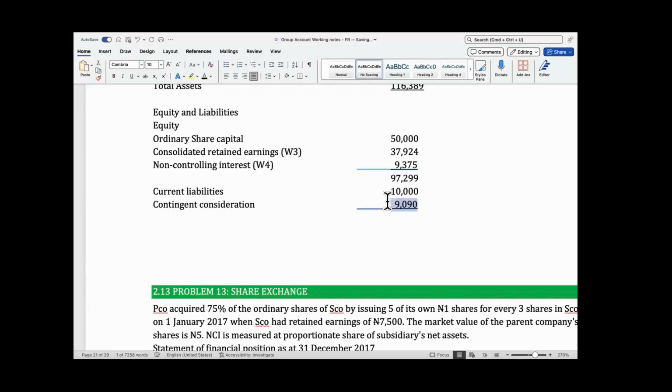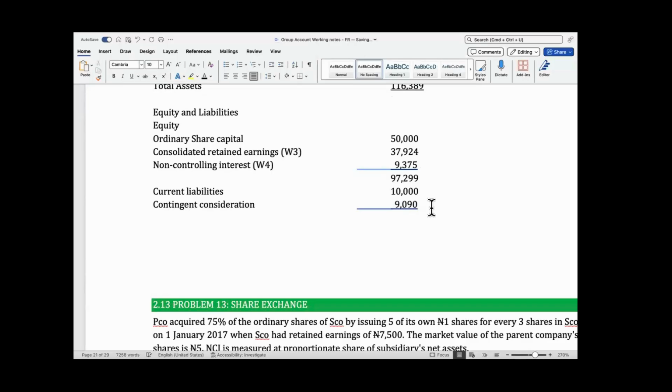So what do you have as balance? 116,389.